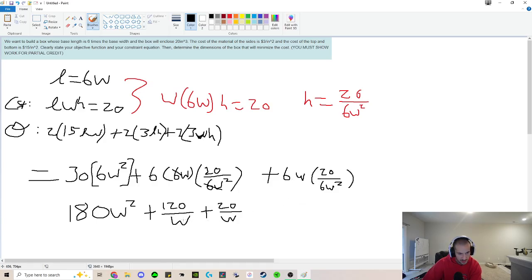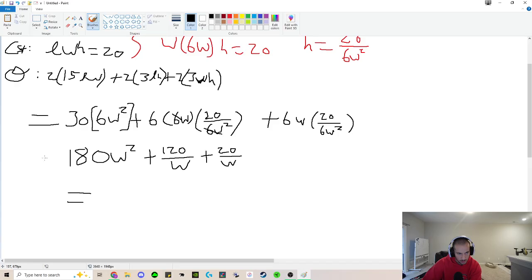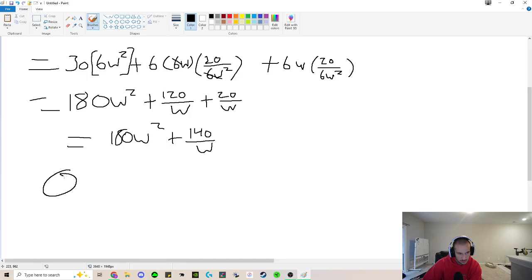So now this guy is going to equal 180 w squared plus 140 over w. We take our derivative here now. So C prime of w is going to be 360w. This is w to the negative 1, so we're going to have negative 140 over w squared.